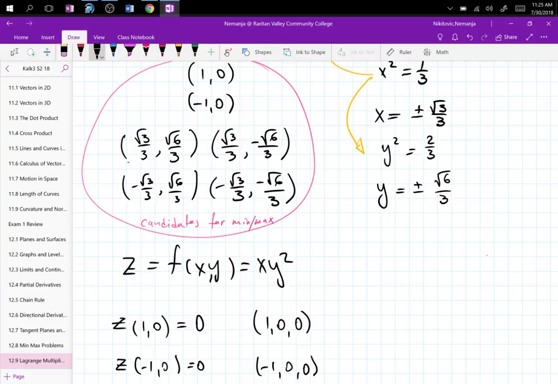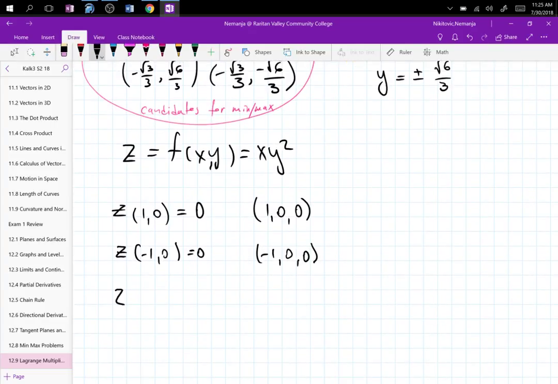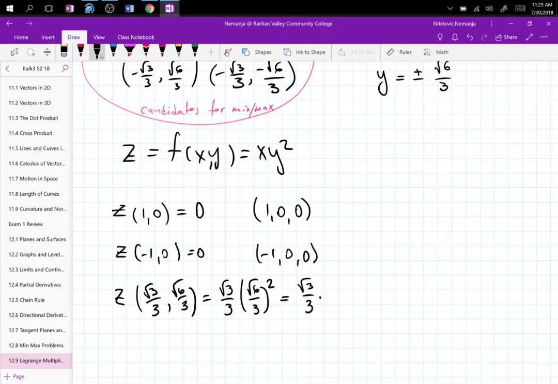Now we go to the next one, which is the root 3, root 6, right? So z of square root of 3 over 3, square root of 6 over 3, and that will be square root of 3 over 3 times square root of 6 over 3 squared. Now, we have root 3 over 3 times, and on the second one is 6 over 9.